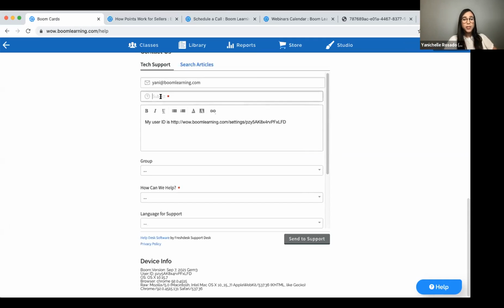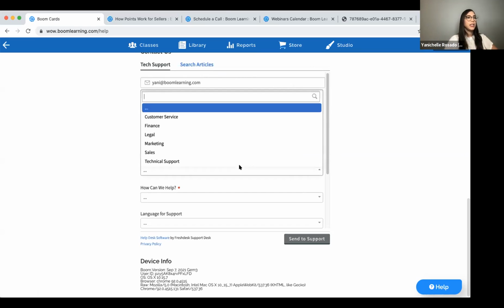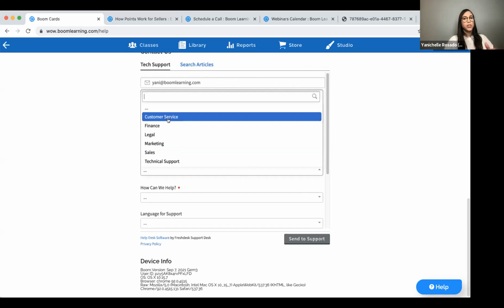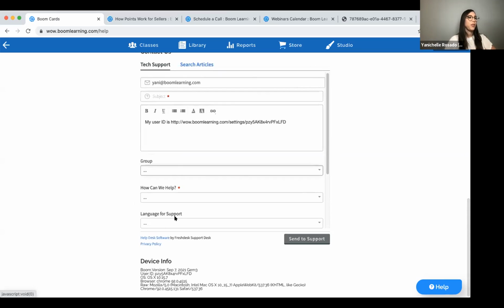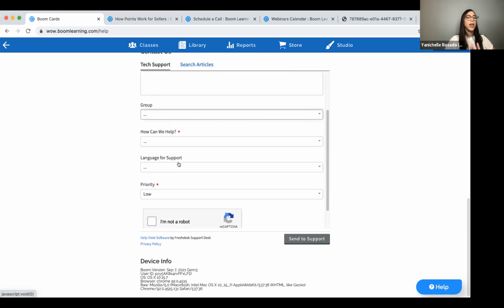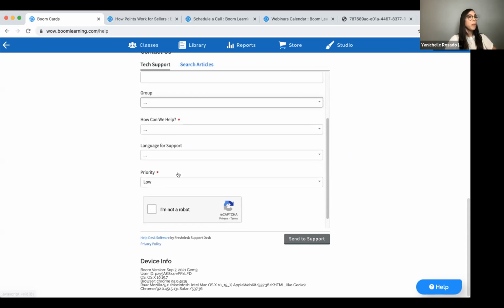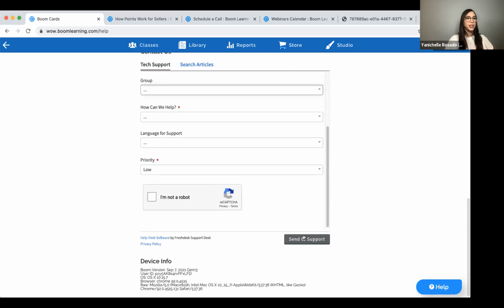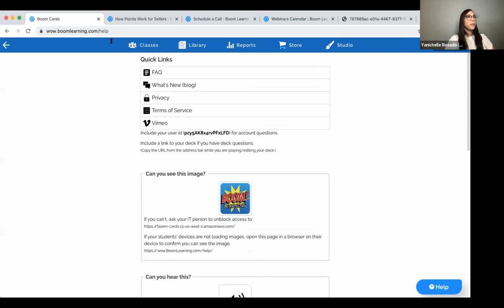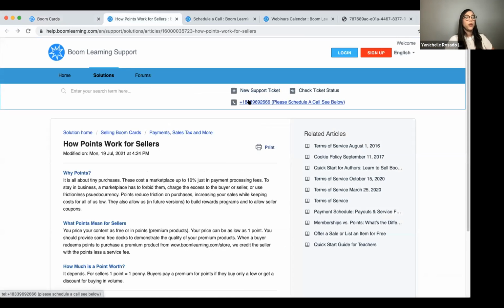You can put the subject, and here you can type your question. You can select the group, like customer service, finance, and so on. If you need language support, right now we have French, Spanish, and English, and the priority, and you can send that.